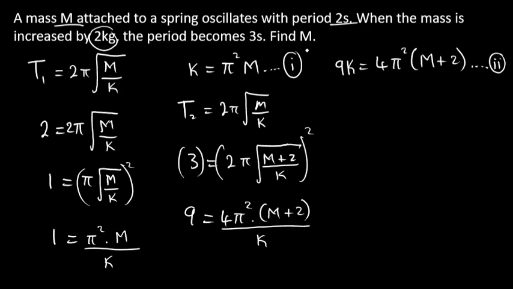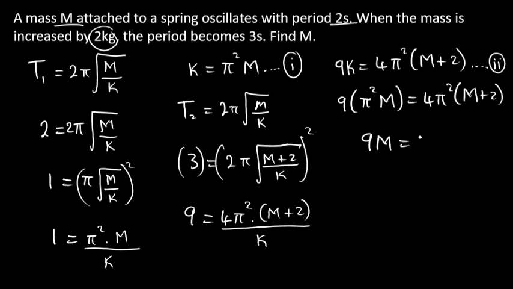Then let equation 1 come into equation 2. Remember, equation 1 is this one that we have here. So where there's k, I'll replace k with pi squared m. This is equal to 4 pi squared, then we have m plus 2. Okay, so what cancels here? First of all, pi squared can cancel. If I divide both sides by pi squared, I'll just remain with 9m is equal to 4 times m plus 2.